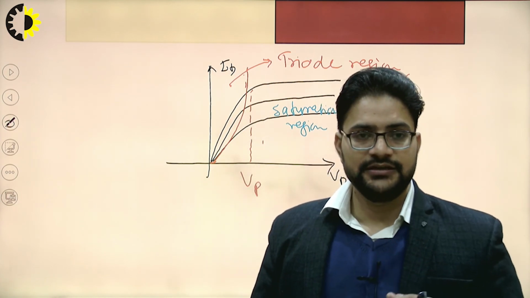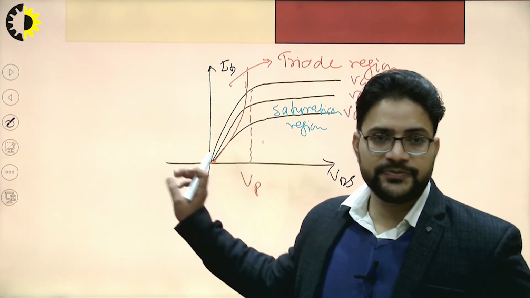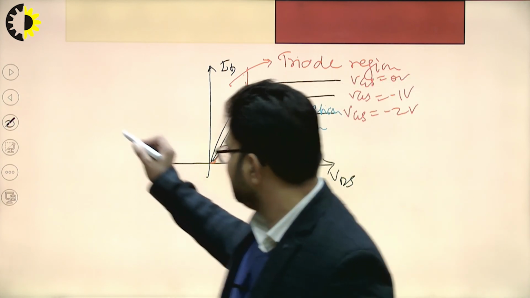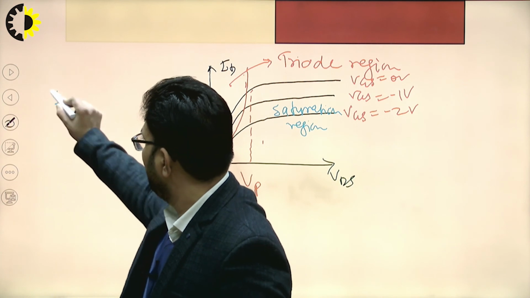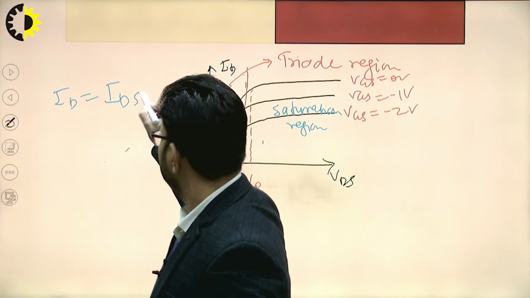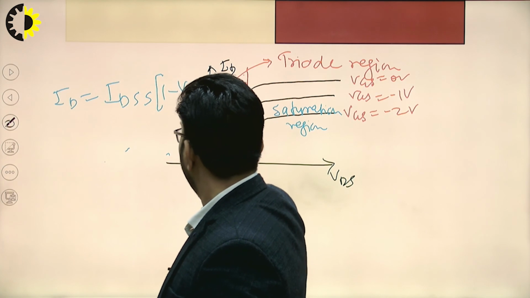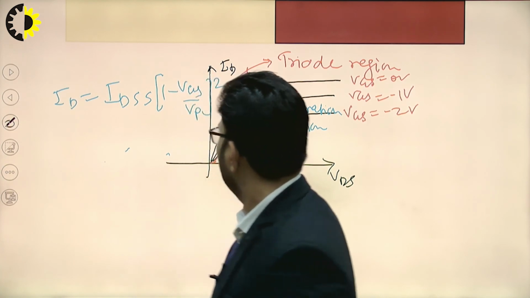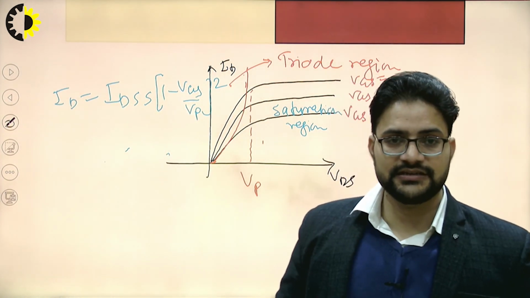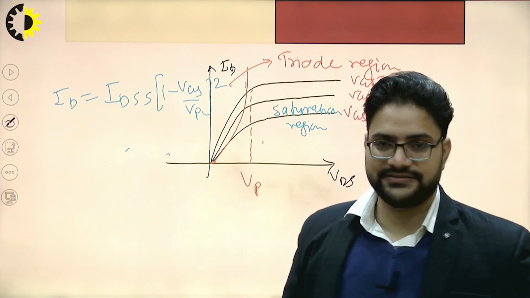Now, if I want to represent the drain current mathematically, it is represented as ID equal to IDSS times 1 minus VGS divided by VP, whole square. This is the mathematical expression that relates VGS, VP and IDSS.